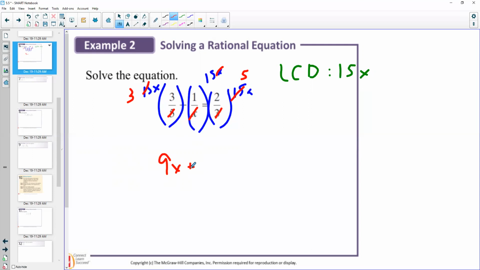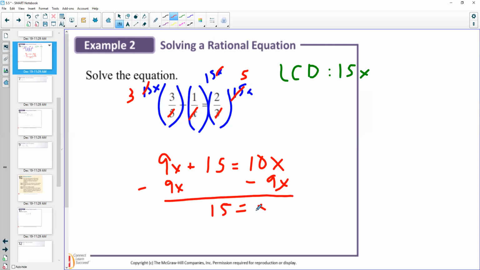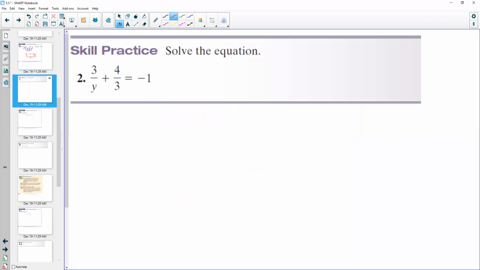Yep. 1 times 15 is 15, equals 2 times 5 is 10x. Same idea, right? Minus the 9x. I get 15 equals x. That was not terrible, was it? We can do this. The more of these we do, the easier it will get.